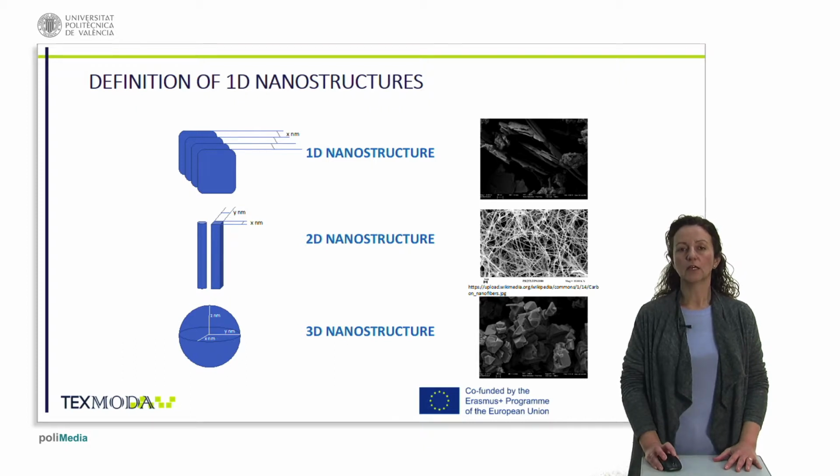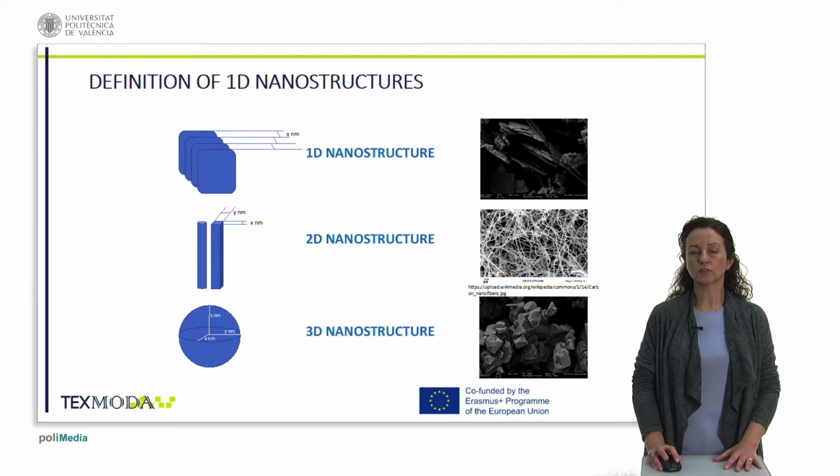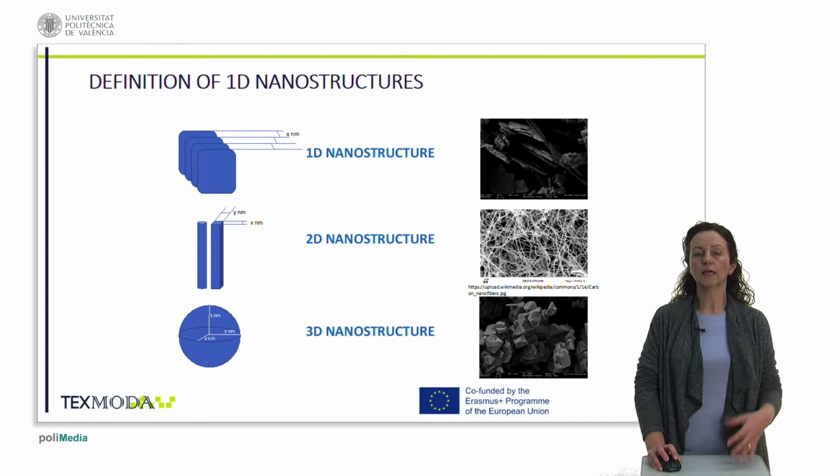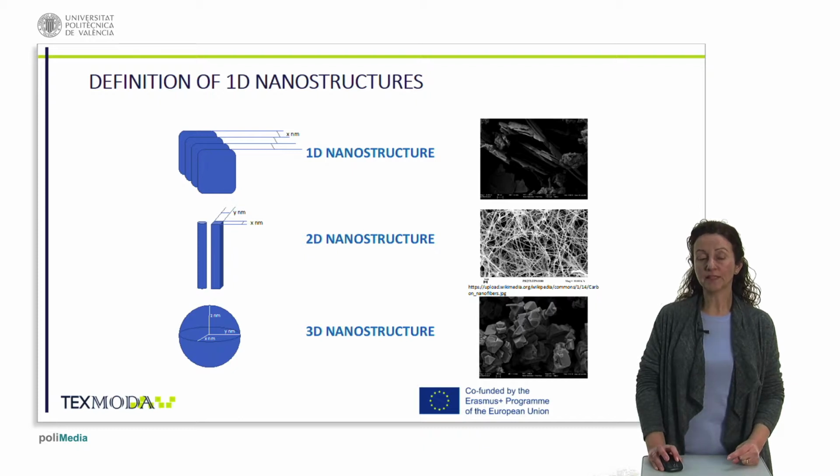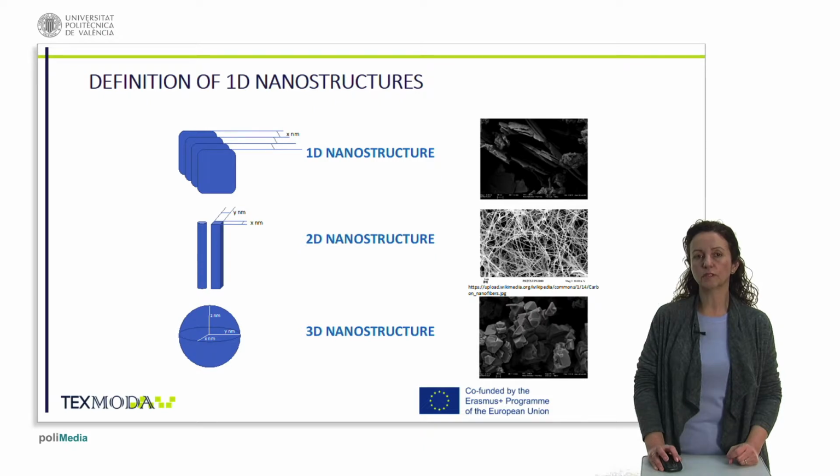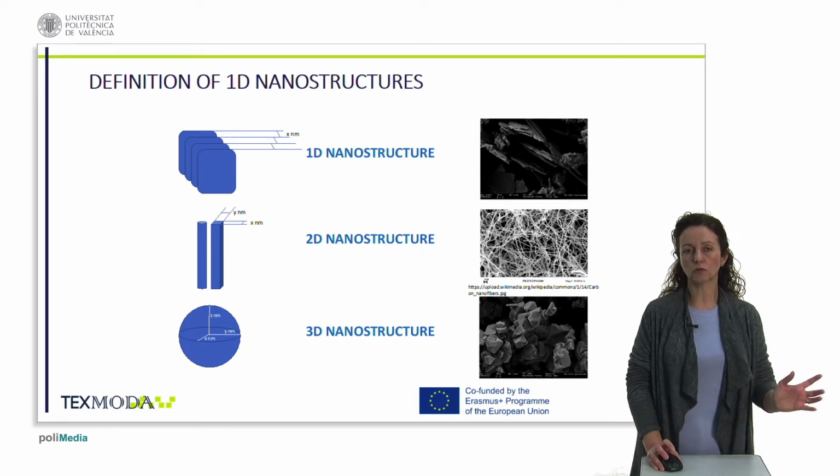When we are talking about a 1-dimension nanostructure, the nanometric dimension would be in one direction only. So this means that, for example, this dimension is nanometric, but the length or the width of this product could be micrometric or even bigger.